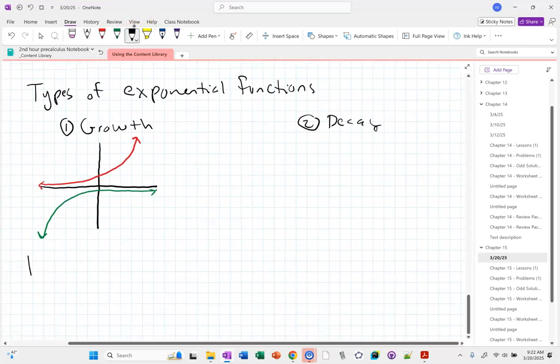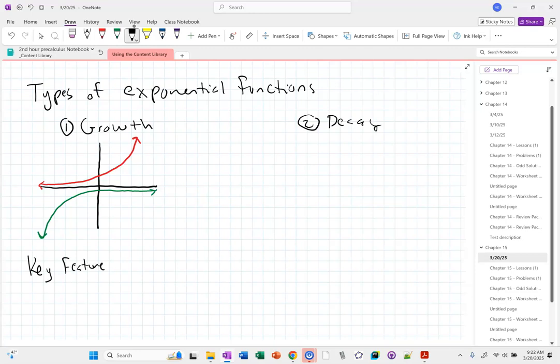Notice here that we have a key feature: a horizontal asymptote at y equals 0. You guys see that? That's this line right here.